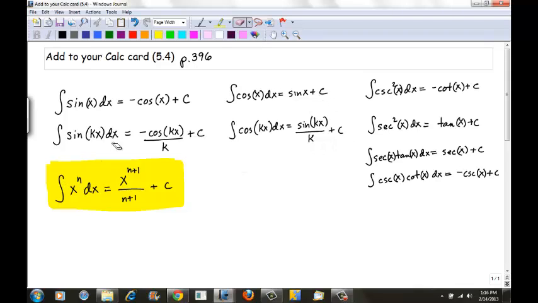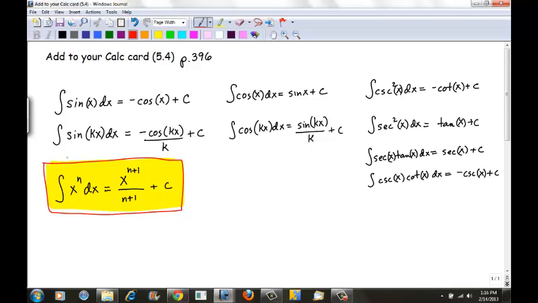So this ought to be one of the first ones you add. That's the main formula we've been using. The integral of x to the n power with respect to x equals, you add 1 to the exponent, divide by the new exponent, and then plus c. If they give you an a and a b value, then you sub those in.